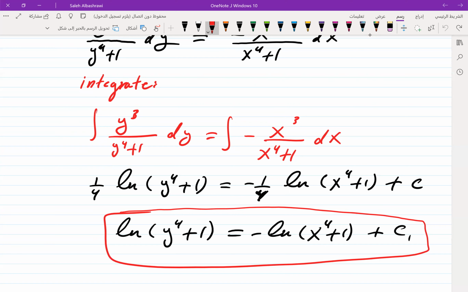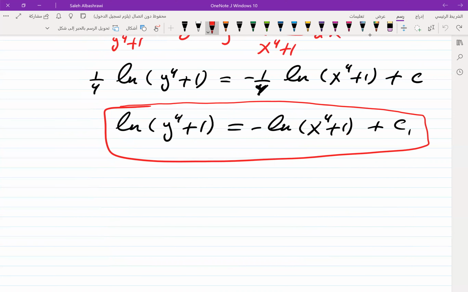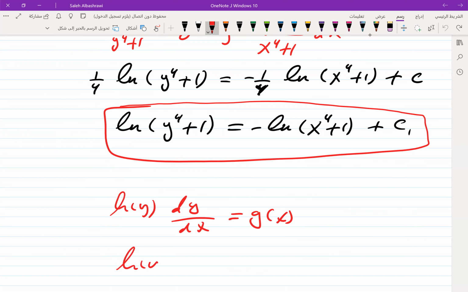So this is the idea of solving a separable differential equation. Just a small reminder, the form of the separable differential equation is h(y) dy/dx = d(x), which can be written as h(y) dy = d(x) dx.